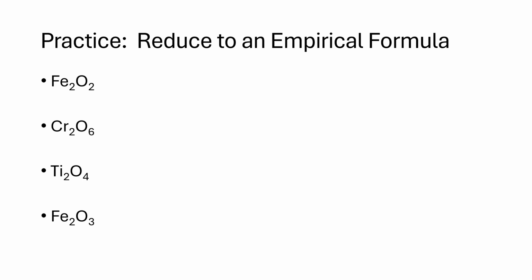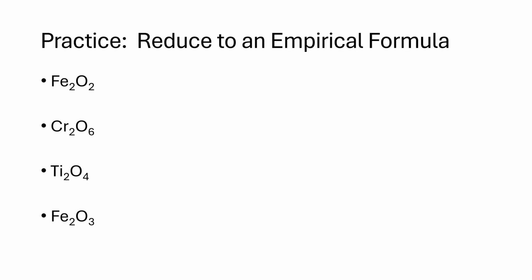So here's a little bit of practice reducing these to an empirical formula. When we're going through the procedure to write the formulas of ionic compounds from their names, sometimes we end up in situations that look like this list of formulas, and most of these are going to be wrong because they are not empirical formulas.